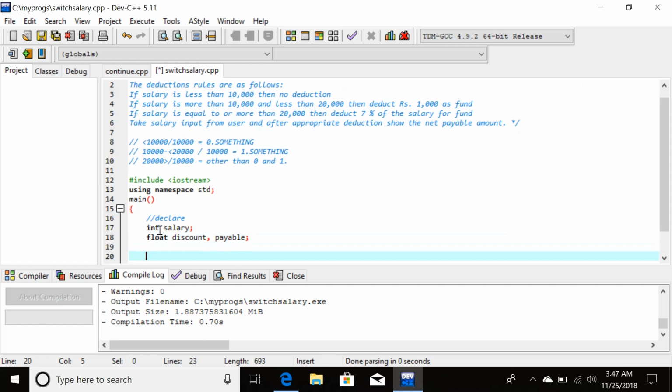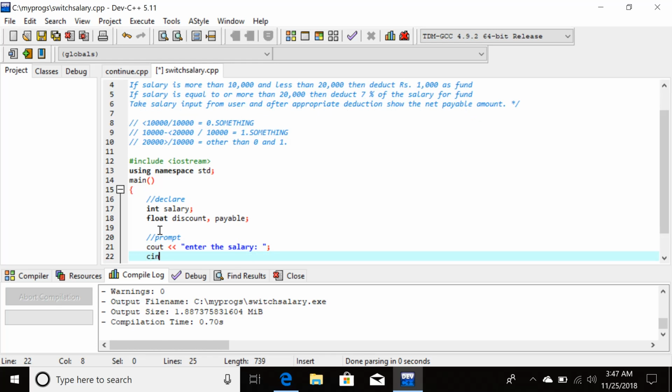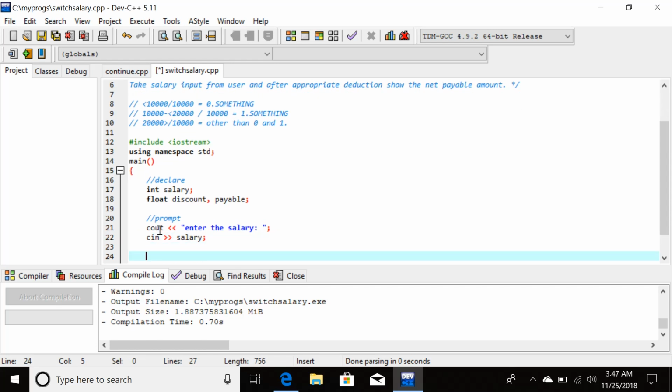Now thirdly, I have to ask for the salary from the user, so I am prompting the user to enter the salary, and that should be stored in the variable salary. Okay, we are done here.